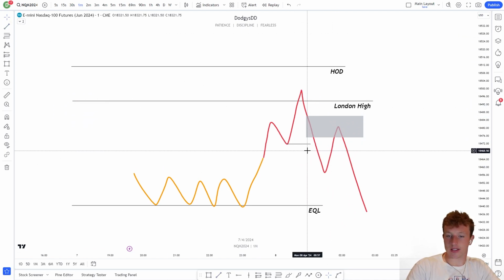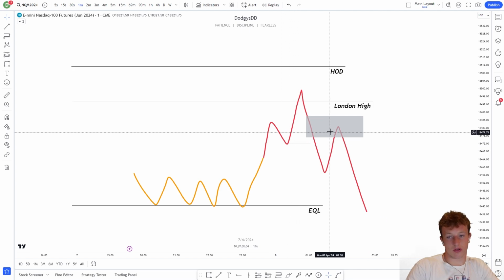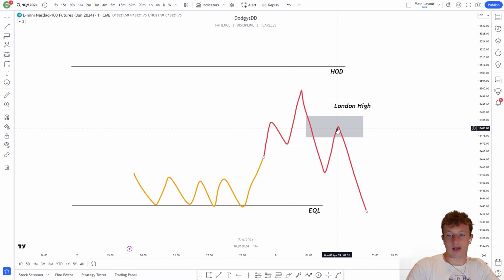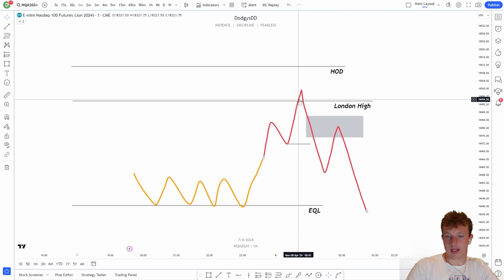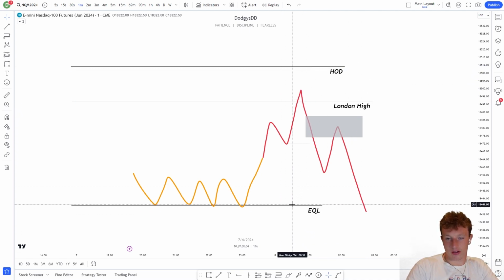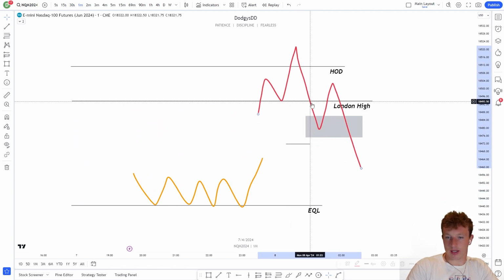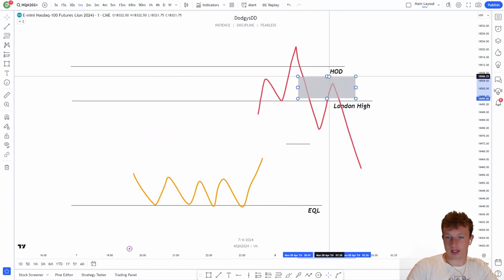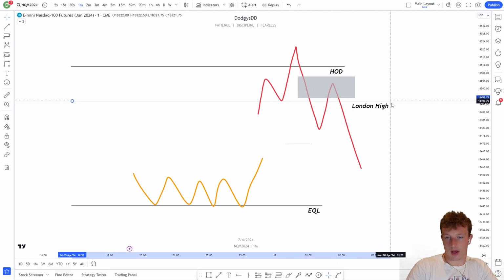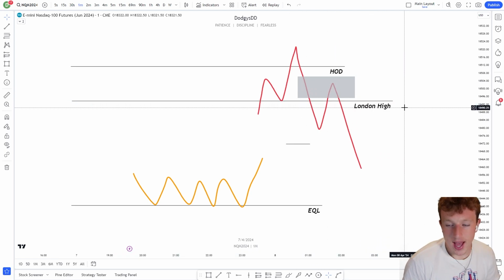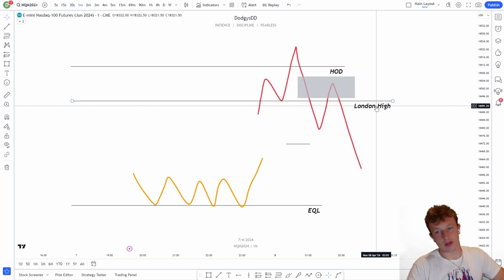Does it make sense for price to rally down from here, knowing that we did take out some sort of liquidity, but maybe not all liquidity, especially with equal lows below? And the answer to that is yes. So we could get this here, or we could get it here, and until you see something that looks like this, you don't exactly know where we're going to reverse.